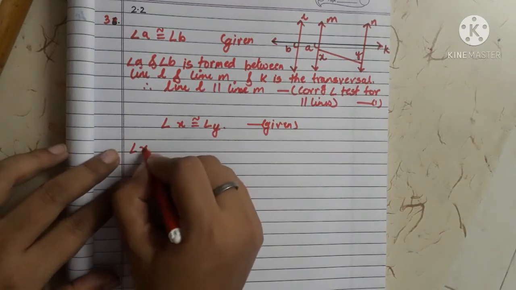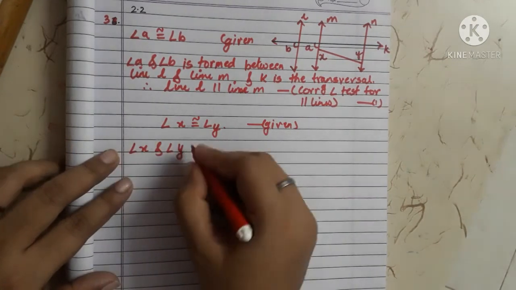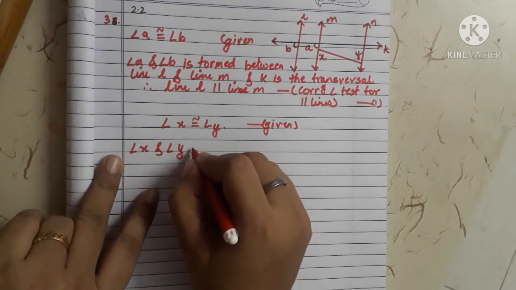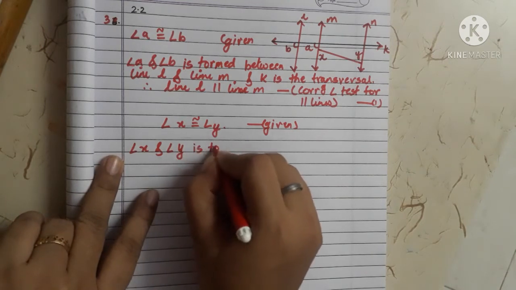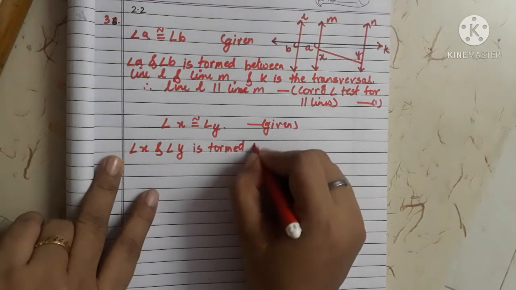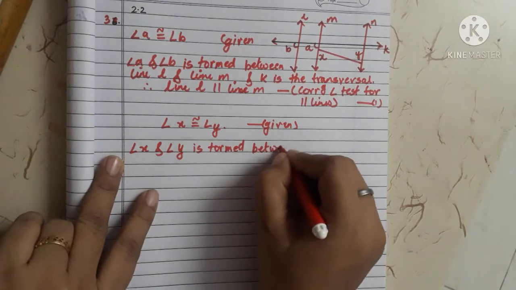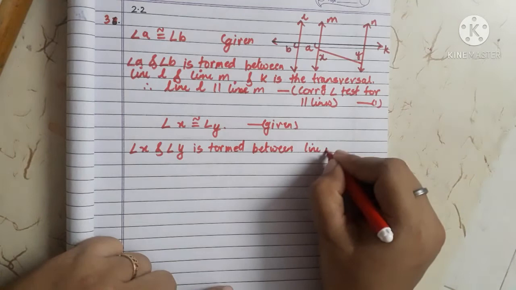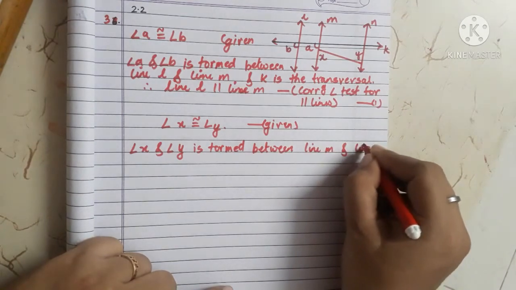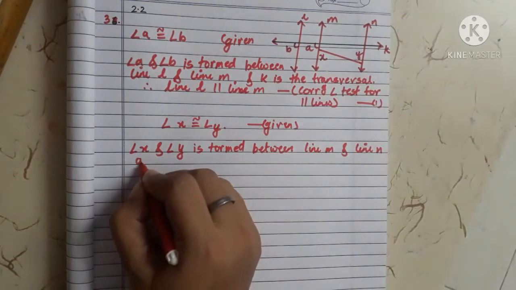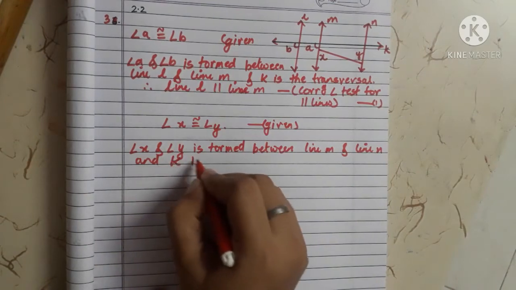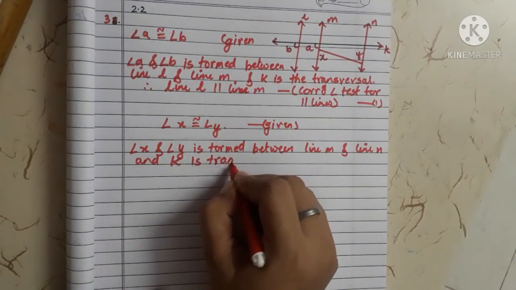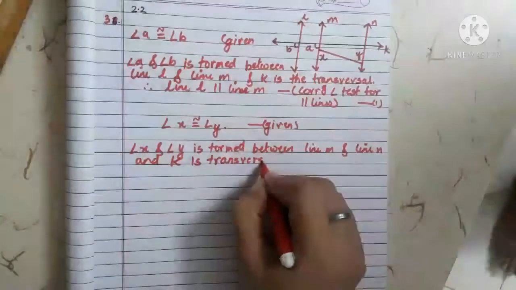Again, angle X and angle Y is formed between line M and line N, and K is the transversal.